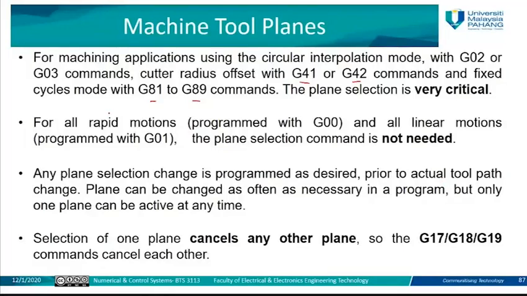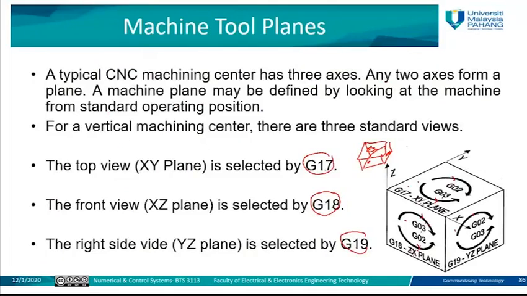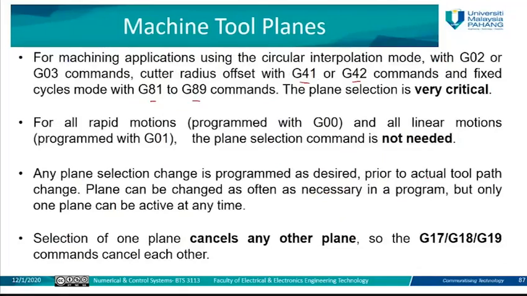If you are working on this plane or that plane and the command to the machine is G00, nothing changes; there is no need to consider the plane for motion with G00.